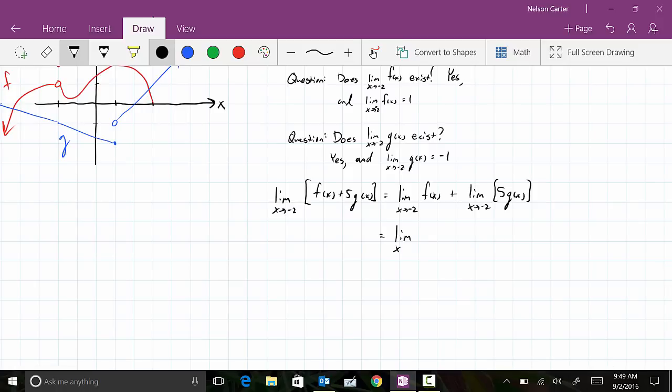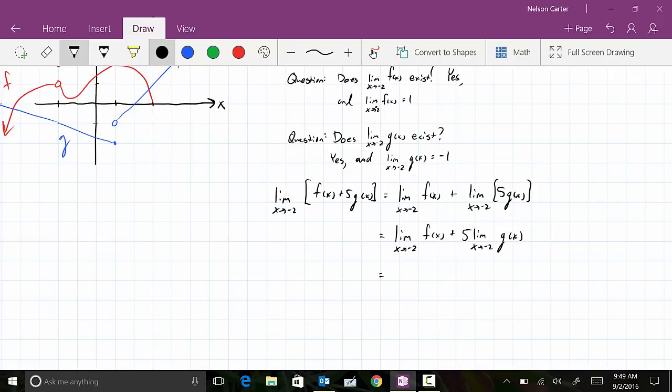Now, for this left-hand term, there's nothing else we're going to be able to do, but for the right-hand term, law 3 says that a constant multiple can get pulled out. So that means we're going to have 5 times the limit as x approaches -2 of g of x.